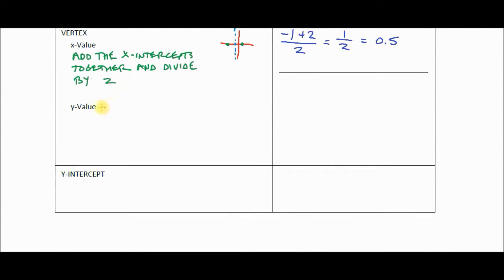The y value will be the y value of our vertex. So for the y value, our procedure is: plug the vertex x value into the equation and solve for y.